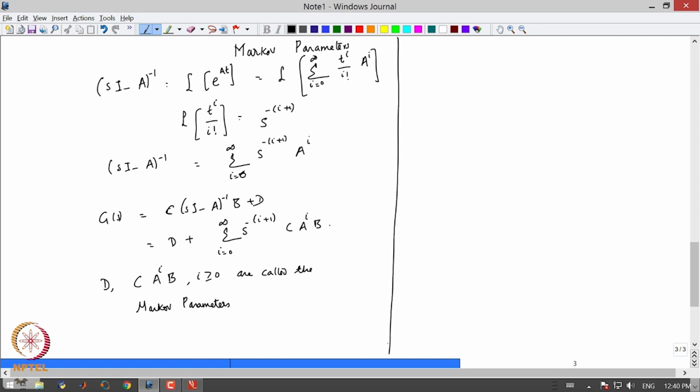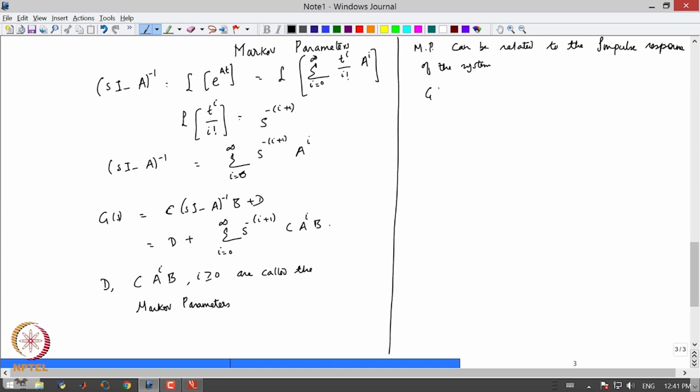These Markov parameters can be related to the impulse response of the system. Impulse response is also usually referred to as the natural response.